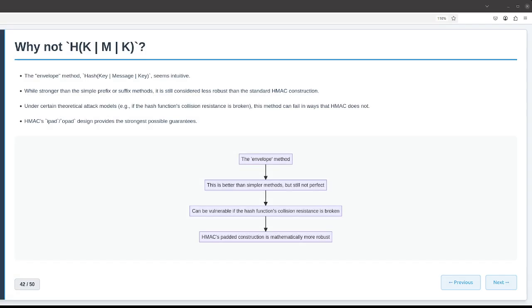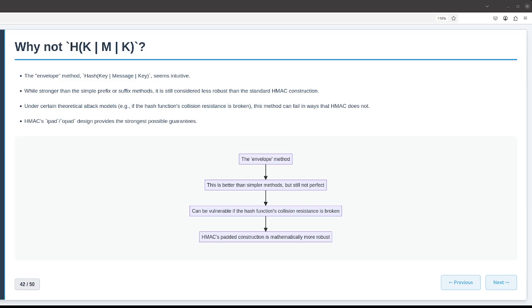Why not H(K | M) or H(M | K)? One other seemingly plausible construction involves sandwiching the message between the key: hash of key, message, and key. This is known as the envelope method. While it's much better than the simple prefix or suffix methods, it has still been shown to be less robust than HMAC.